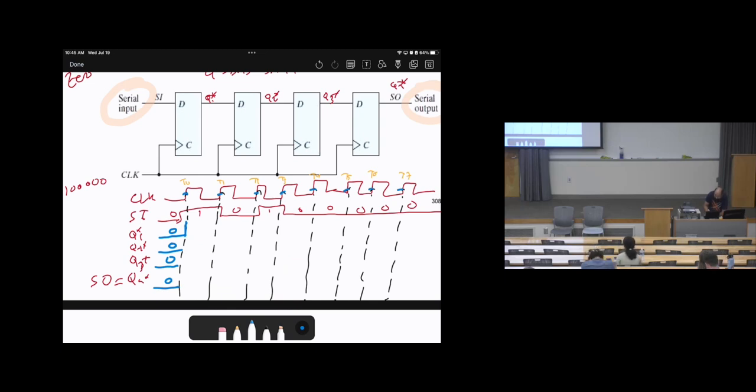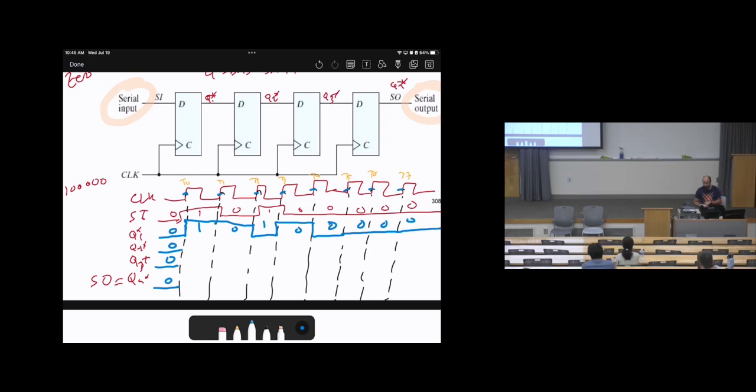Do you agree with me? Then hold until T1. T1 is still 1. T2, it is 0. T3, it is 1. T4, it is 0. T5, 0. T6, 0. T7, 0.